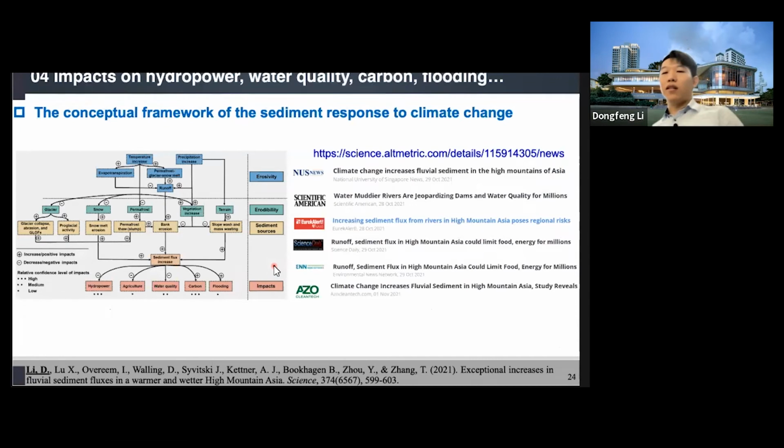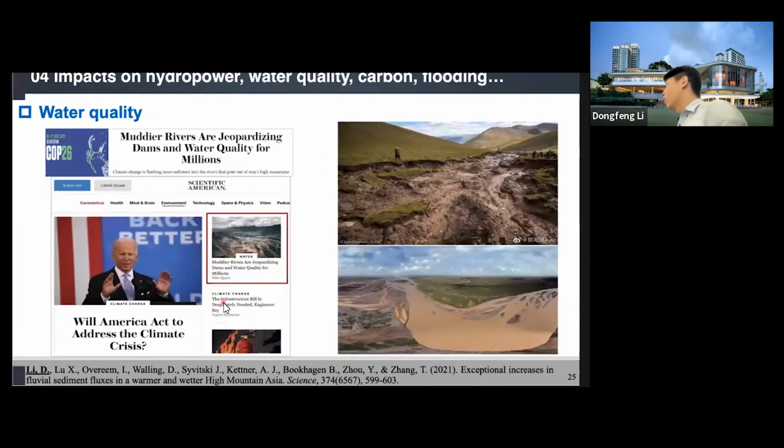Okay, now I will discuss the impacts of the changing river sediment on many other factors. For example, why do we study the river sediment? It is very relevant to hydropower, agriculture, water quality, carbon, and flooding. For example, the water quality.